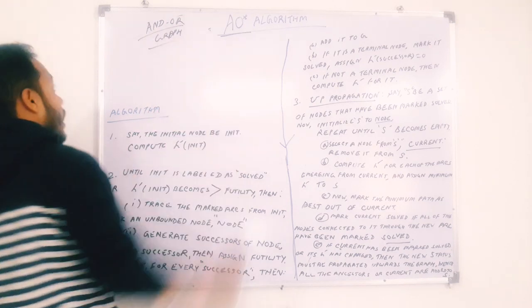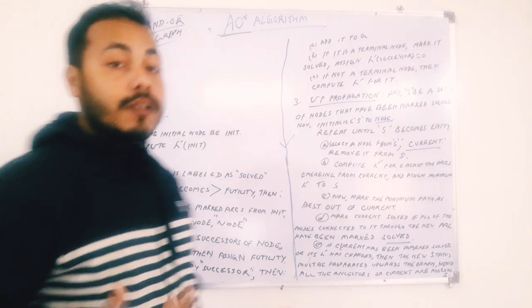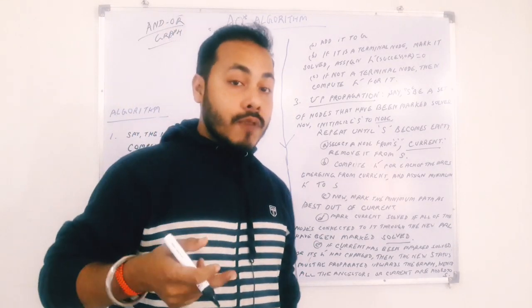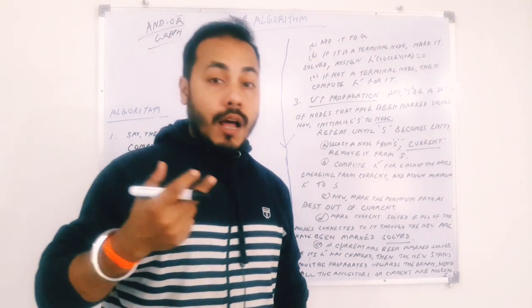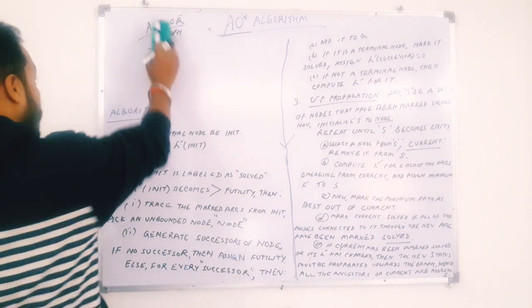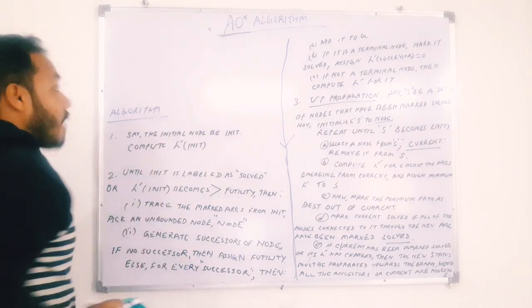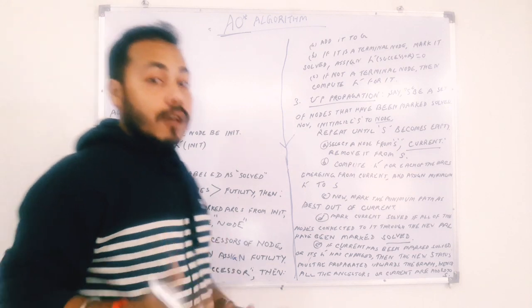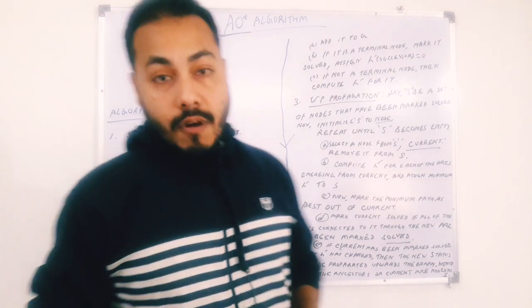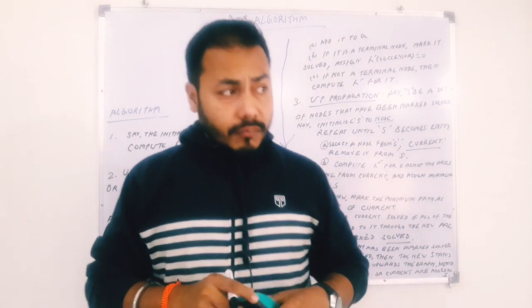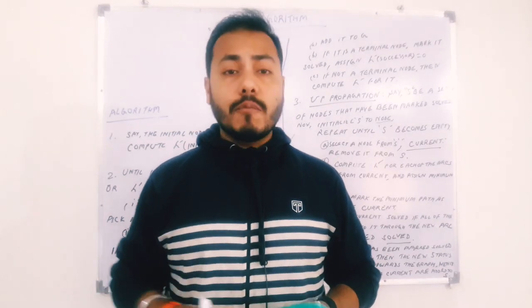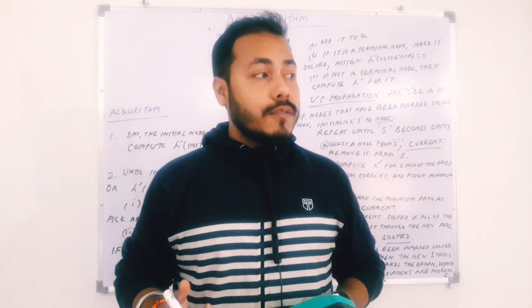So now the question comes to our mind: what is an AND OR graph? Let me give you an example that will more clearly illustrate the use of an AND OR graph. Suppose you want to have an iPhone.